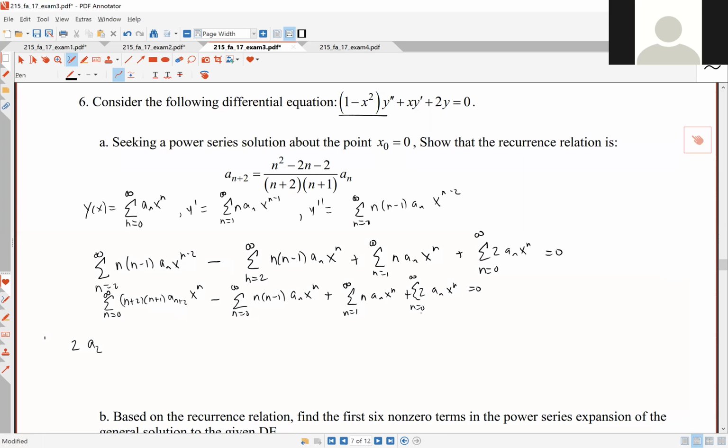That's 2 times 1 a2, plus 2a0. n equals 1, that's 3 times 2 is 6, a3 x, plus a1 x, plus 2 a1 x.